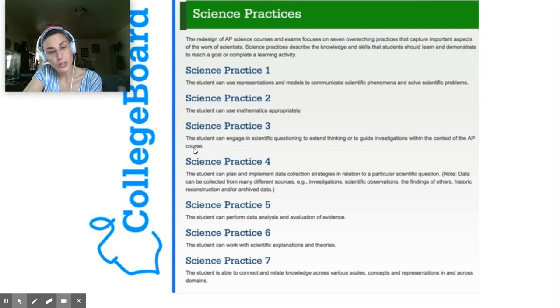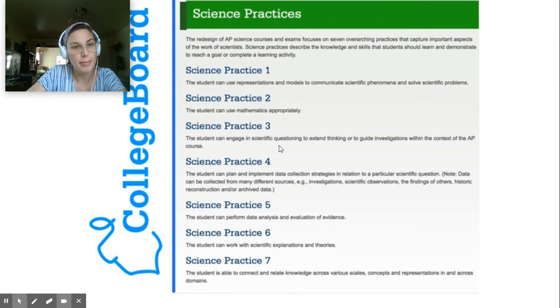So science practice 3 is all about engaging in scientific questioning. So when you took my class before, we practiced this idea of asking a scientific question. So these are questions that can't be answered with a yes or a no. And this is really how you begin the process of experimental design.